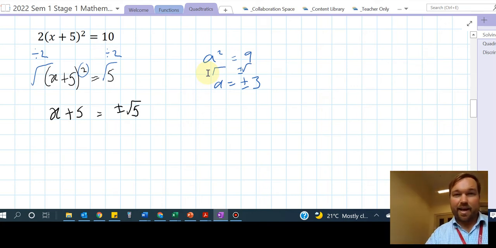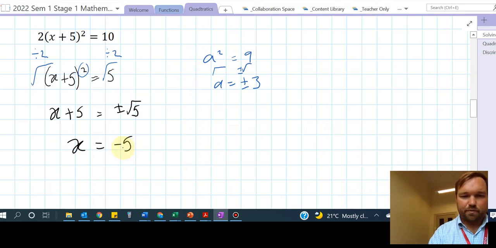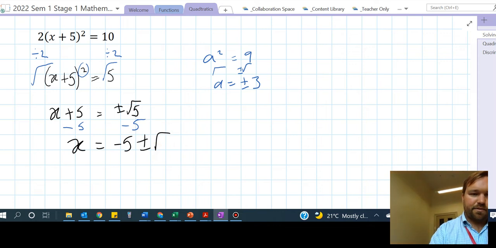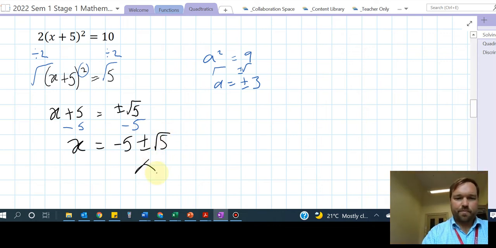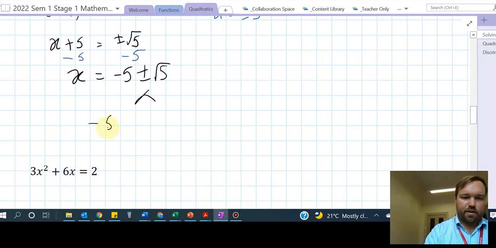Then we get x on its own for the final step. x is equal to negative 5 plus or minus root 5. So our two results are minus 5 plus root 5 and minus 5 minus root 5.